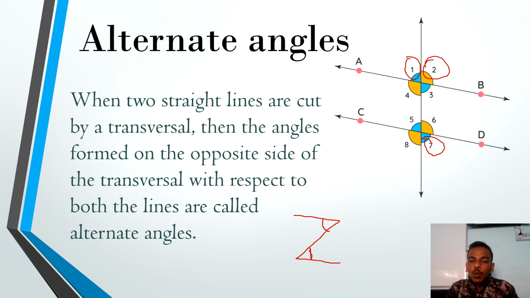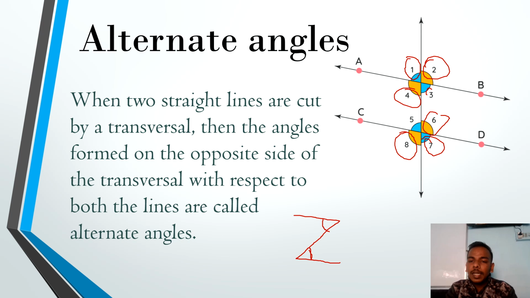Likewise, angle 2 and angle 8 will also be alternate angles. These two pairs, angles 1 and 7 and 2 and 8, are called exterior alternate angles. Likewise, there are alternate angles in the interior also. Your angle 4 is alternate to your angle 6.